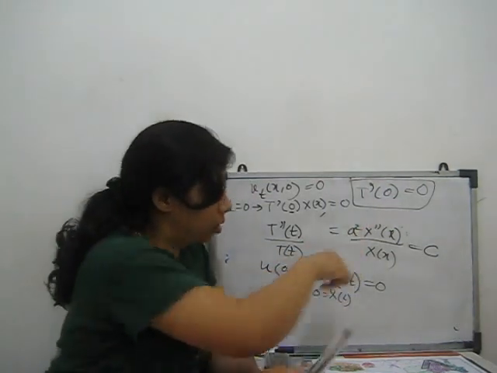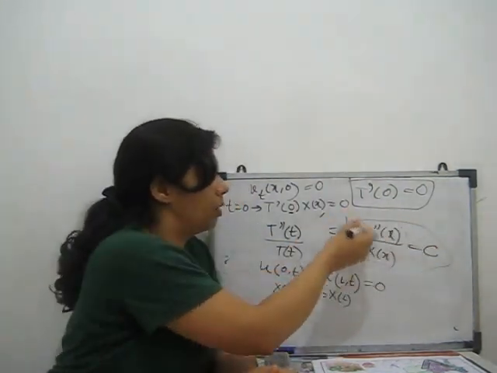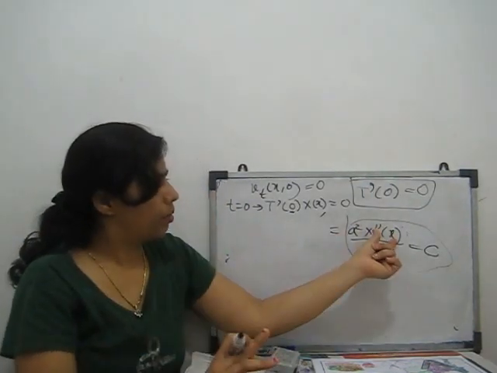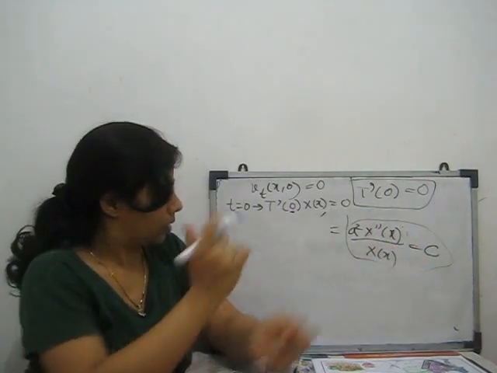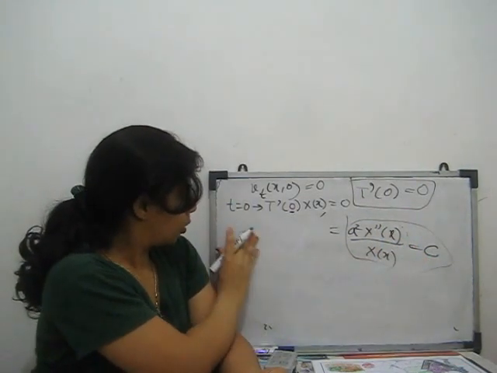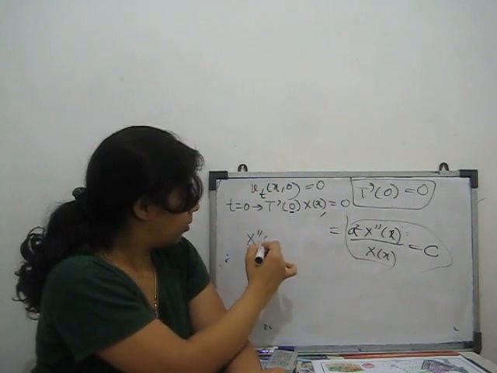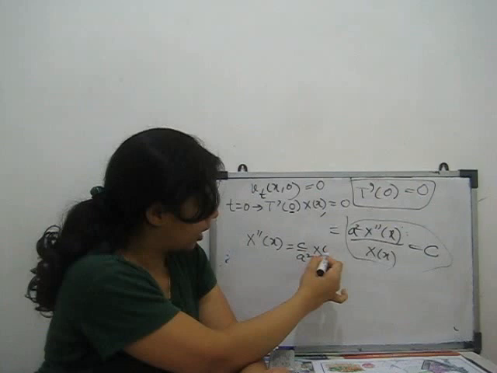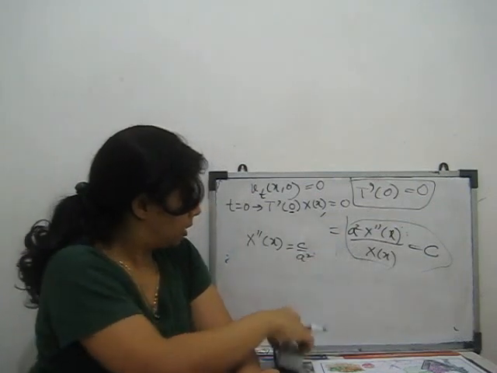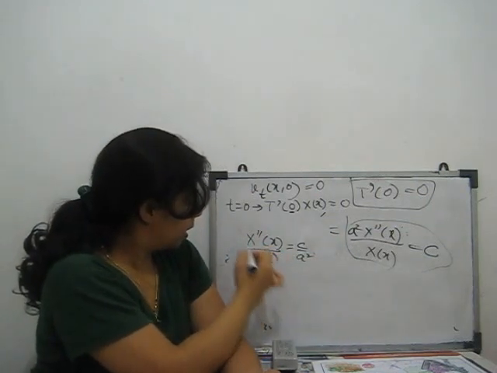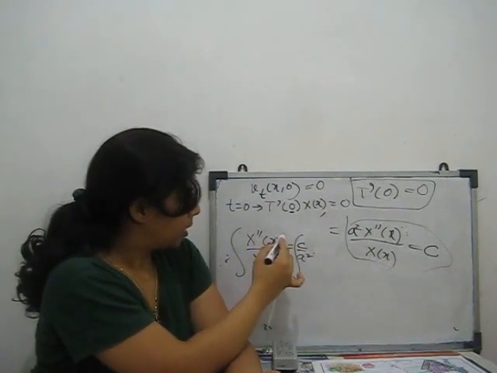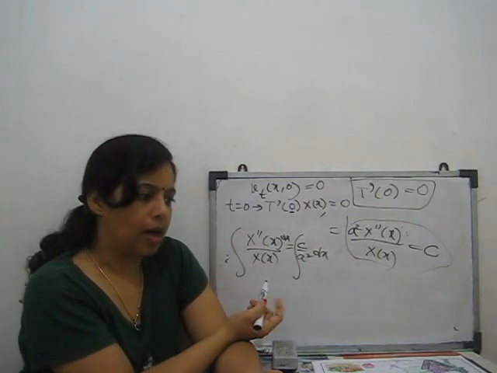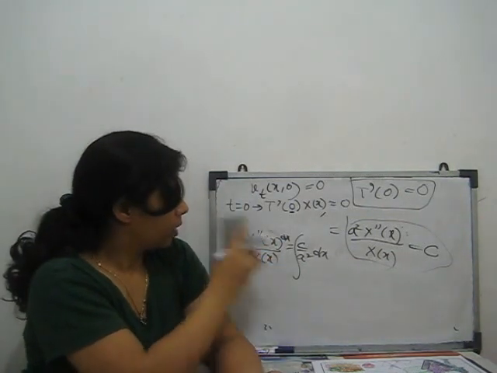Before that, we can use this part of the equation and solve it. So what it becomes: a square X double dash equal to c X. A square we can take that side, X double dash x equal to c upon a square X. It is in direct integration form, integrate with respect to x.